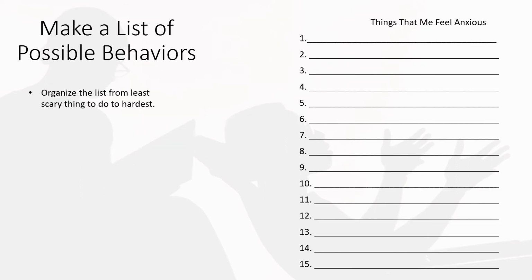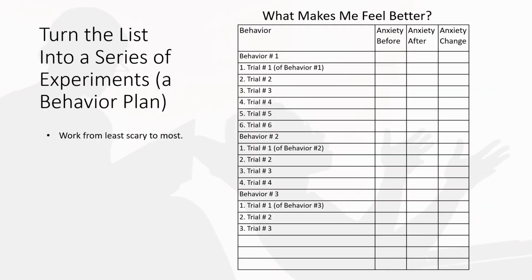So we need, again, a list of things that cause anxiety. Then we're going to ask the patient to organize it from the least scary thing to the most scary thing. And then we're going to ask the patient to take that ranked list and turn it into a series of experiments. Again, we want concrete, measurable behaviors.